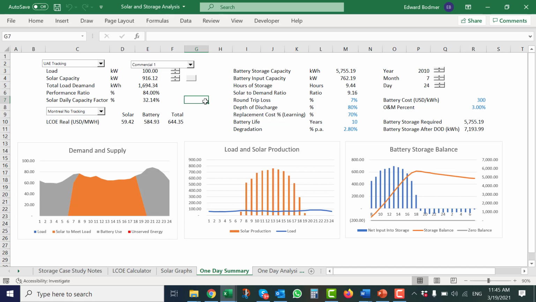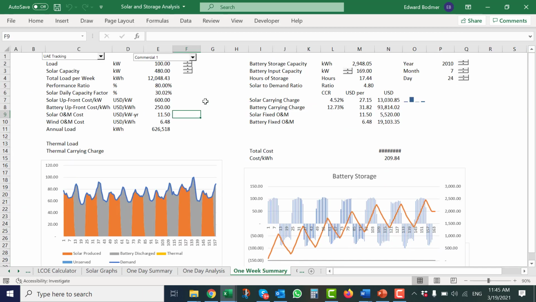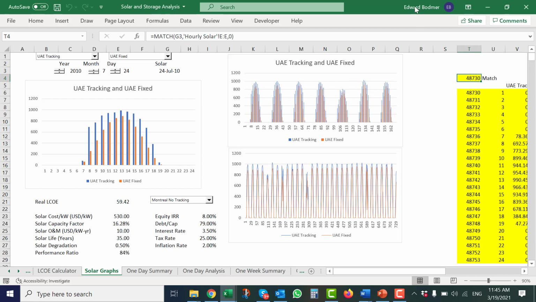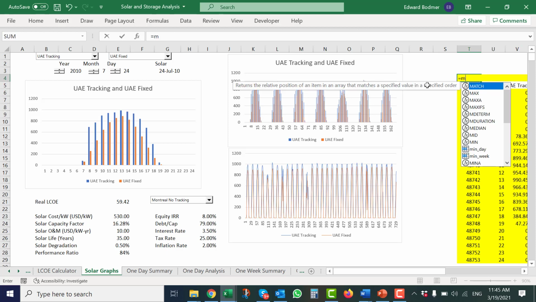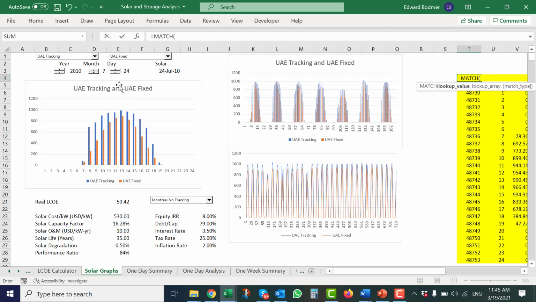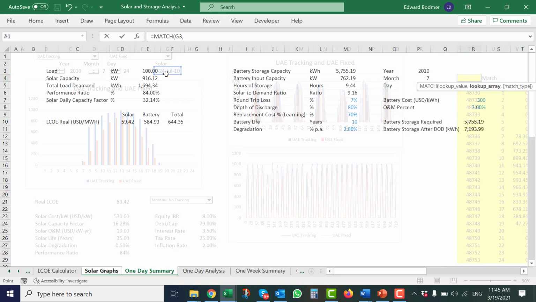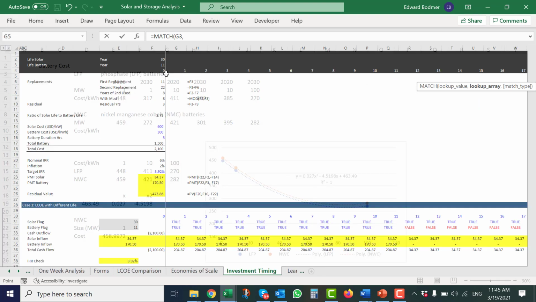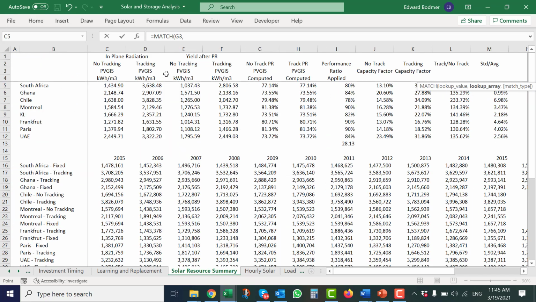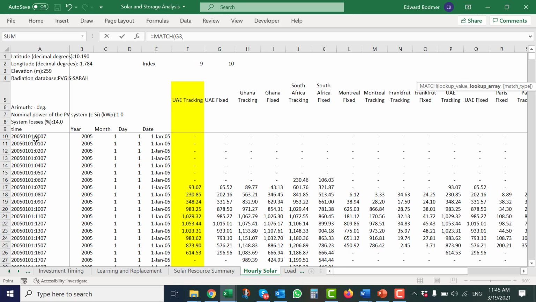Oh, you know what? I started to show this and I didn't finish it to you. Sorry. So if you want to make these graphs, and for me, this is a really big deal, you just put equal match and you put your date in with your month, year, and date function, and you match it against the date in this hourly solar data.